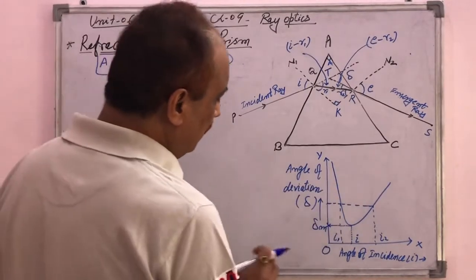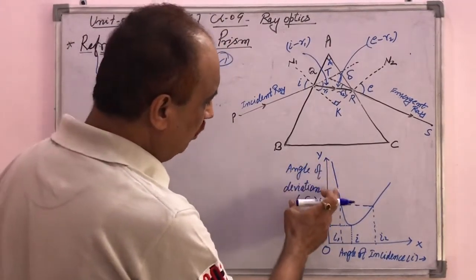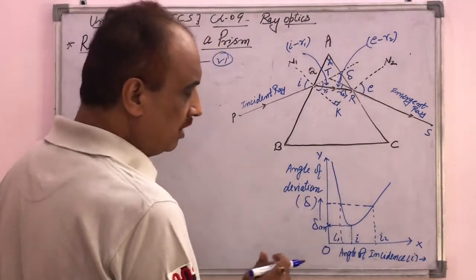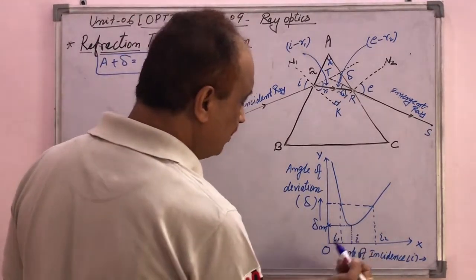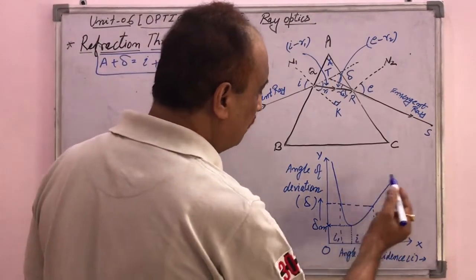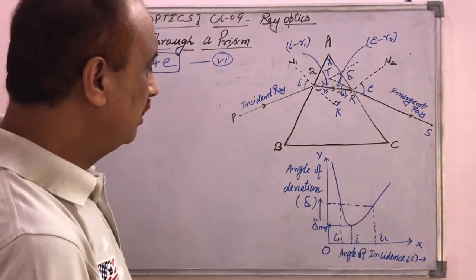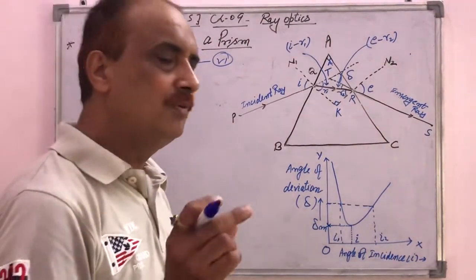In this graph, when the angle of incidence is increased, first the angle of deviation decreases, but at a certain angle of incidence the graph turns in the upward direction, and again the angle of deviation increases with the angle of incidence.